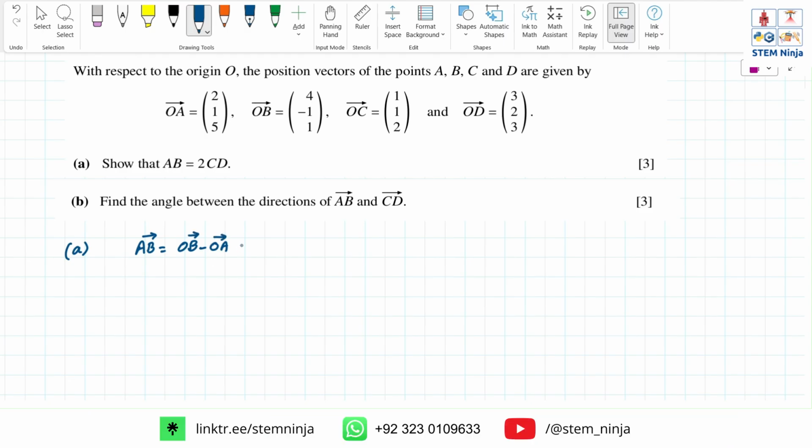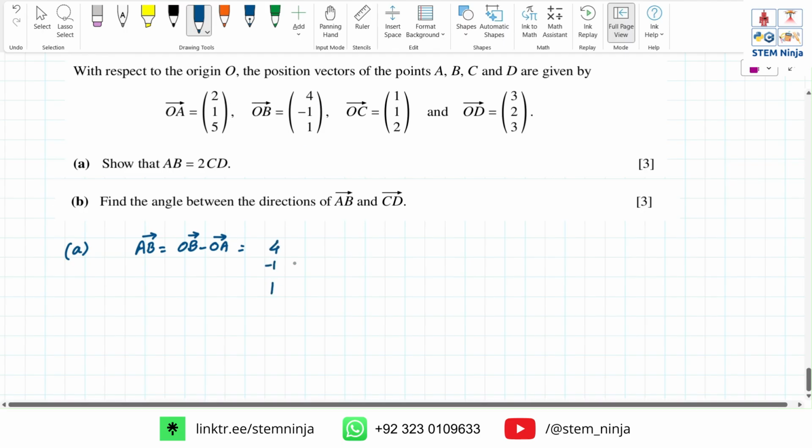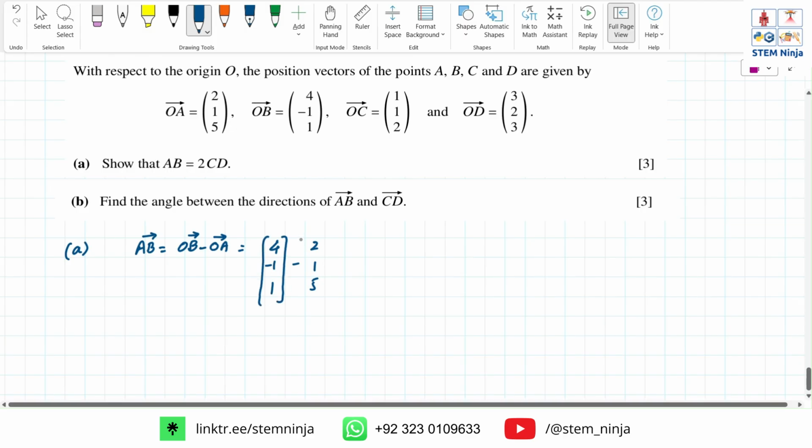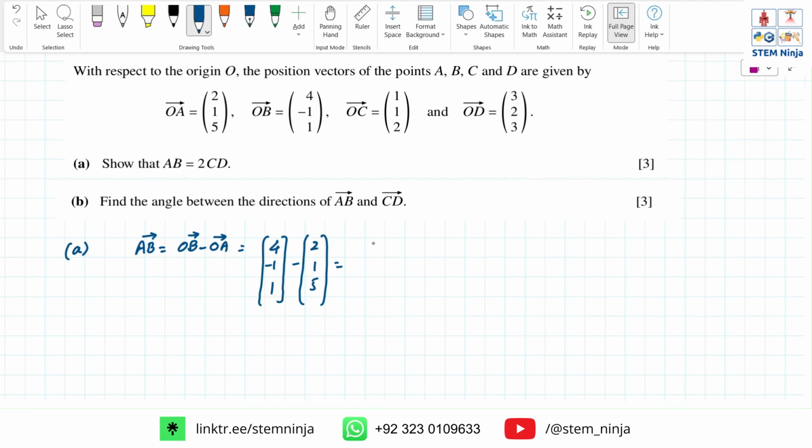So since they are already given in column vector format, we can do 4, minus 1, 1 minus 2, 1, 5. So component by component subtraction: 4 minus 2 is 2, minus 1 is minus 2, and 1 minus 5 is minus 4.